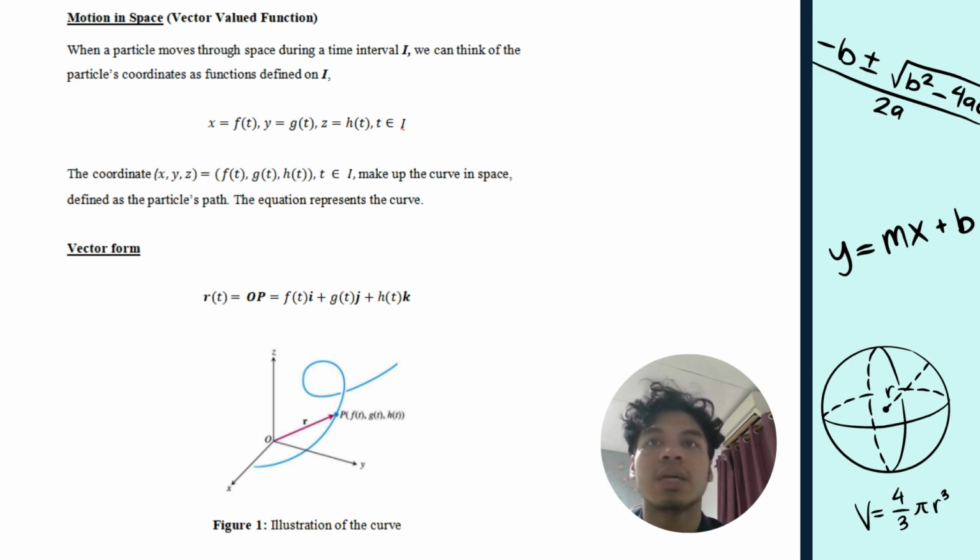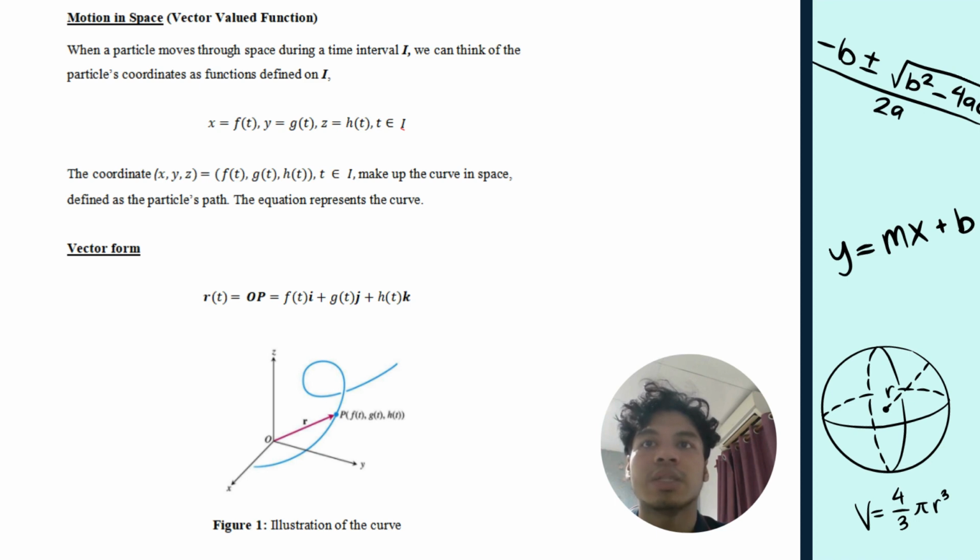To represent the curve in vector form, we use a different equation, which is r of t equals f of t i component plus g of t j component plus h of t k component.